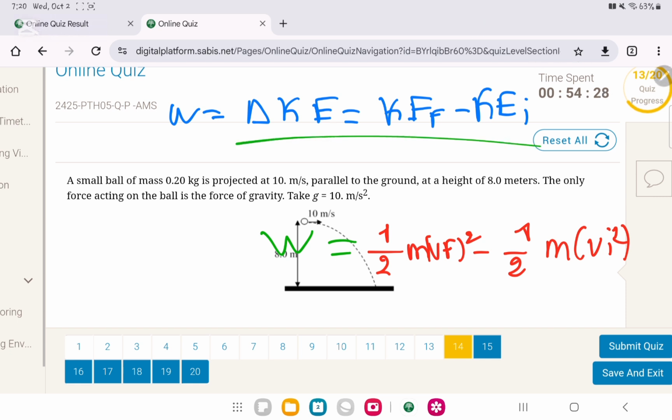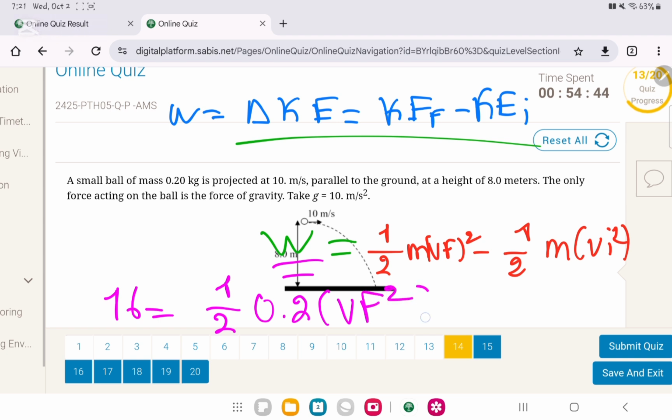Alright, now what do we do? We're going to substitute. We have the work from part A is 16. It's equal to 1 over 2 times 0.2 times velocity final squared, minus 1 over 2 times 0.2 times the velocity initial squared, which is 10 squared.